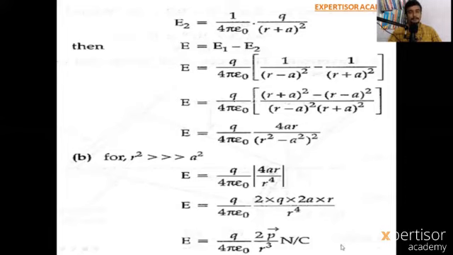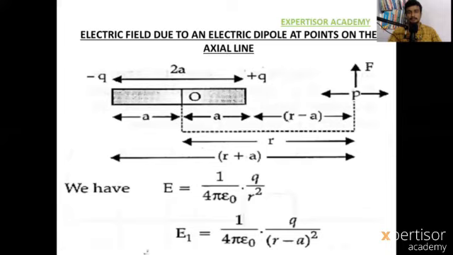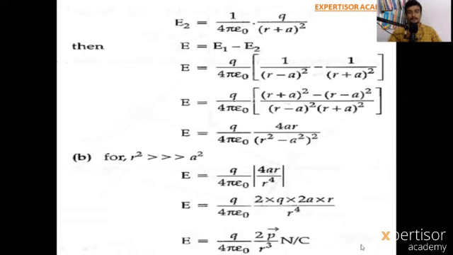Coming to the next point, R square is much greater than A square. Why is R square greater compared to A square? See the diagram here, R is greater compared to A. So that's why we take R square as very much greater than A square, and eliminate the A square term. The remaining term is (R square) whole square, that is R power 4.